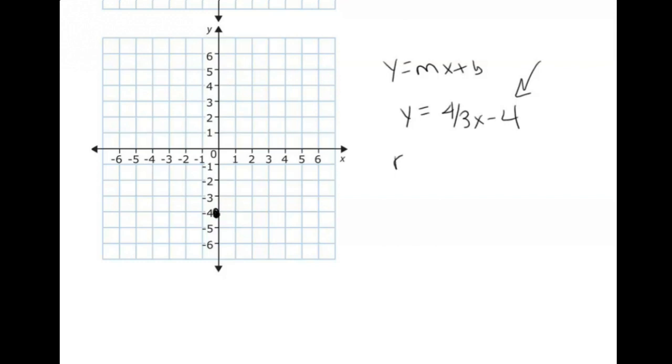Then my slope, rise over run, is 4 over 3. So from this starting point, I go up 4. 1, 2, 3, 4. And I'm going to run to the right 3. 1, 2, 3. Why am I running to the right? Because this is positive. And then I would go 1, 2, 3, 4, 1, 2, 3.